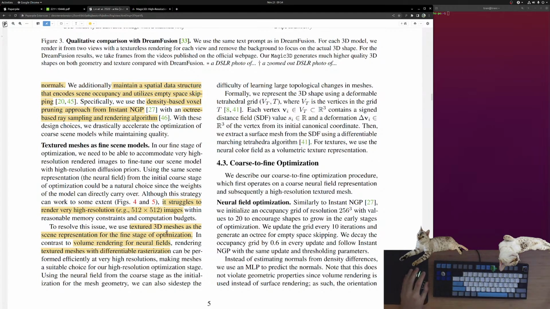That's the volume rendering here. But here they're saying that that's limited, and it's always going to be computationally expensive. So we're going to be doing textured meshes with differentiable rasterization, but textured meshes are a completely different representation.